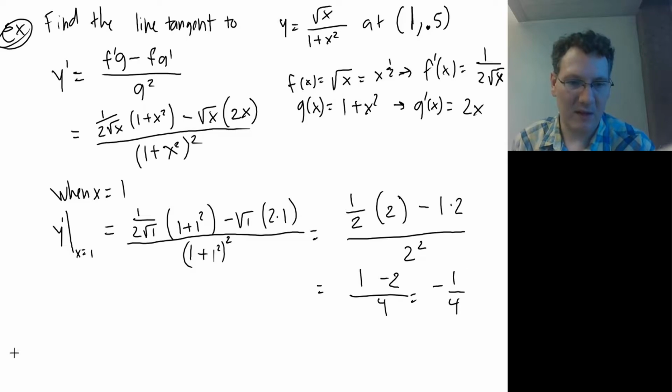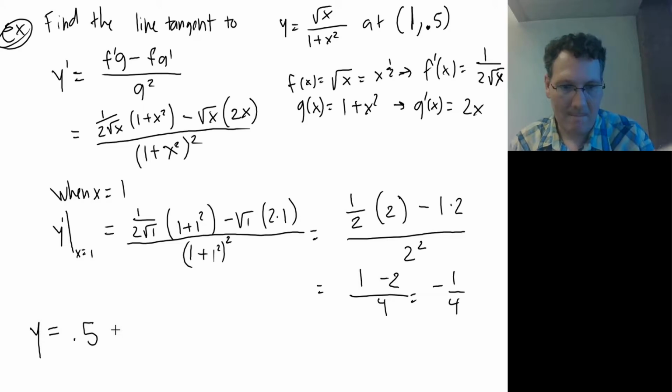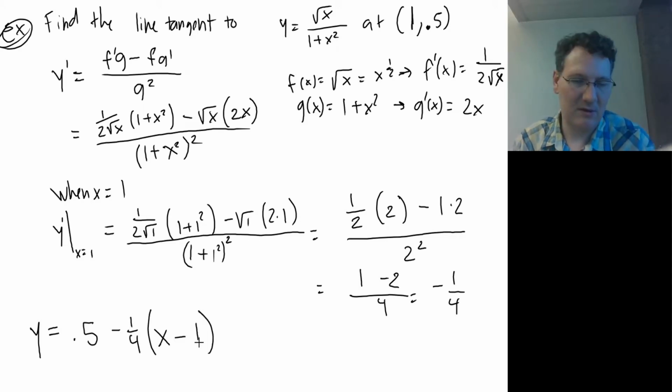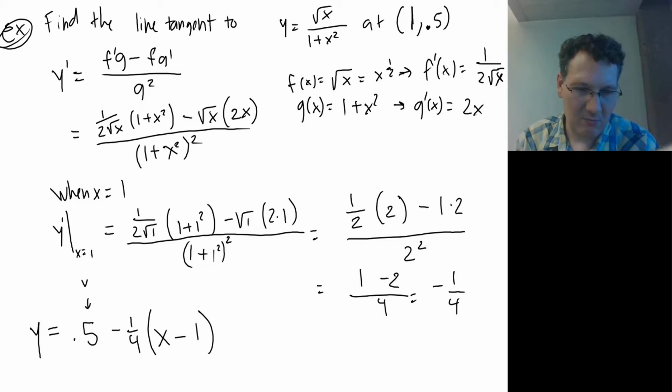That's the slope. And remember the equation, you can write it like y equals 0.5 plus, I guess it would be minus 1/4 times x minus 1. So this is my y, the point y0. This is the point x0, and this is the slope. This is y prime.